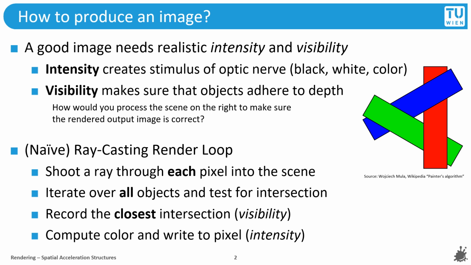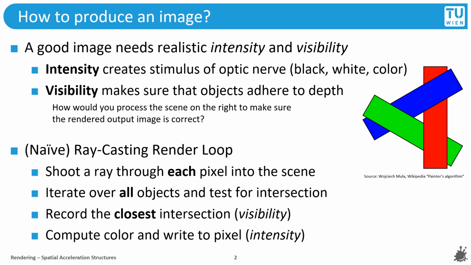So that basically already gives us an impression that in order to resolve visibility, we actually need to go as fine-grained as we can. And in the context of an image, that means we need to resolve depth basically for every pixel. And that basically already brings us to the naive raycasting render loop, so a very basic setup, which dictates that we shoot a ray through each pixel into the scene.